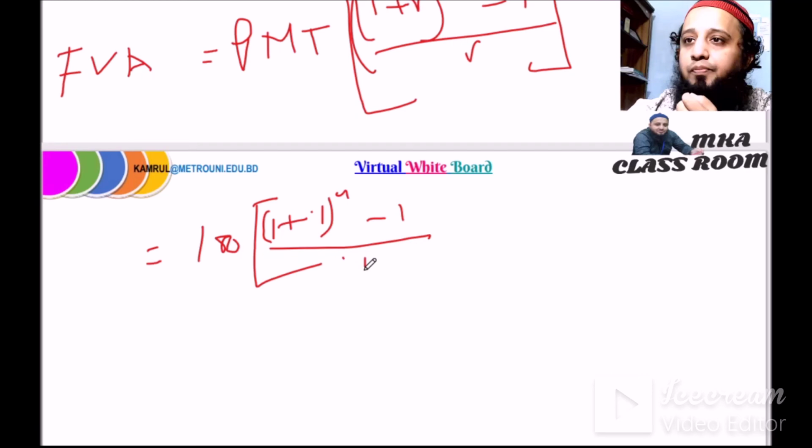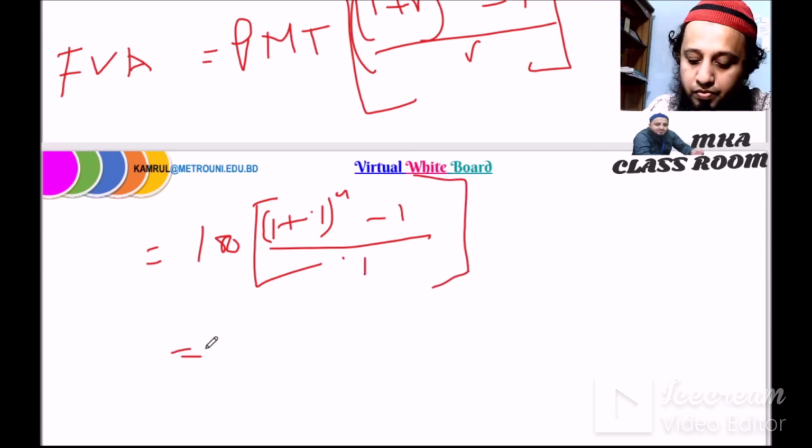1.1 power 4 minus 1 divided by 0.1 times 100, that is 464.10.